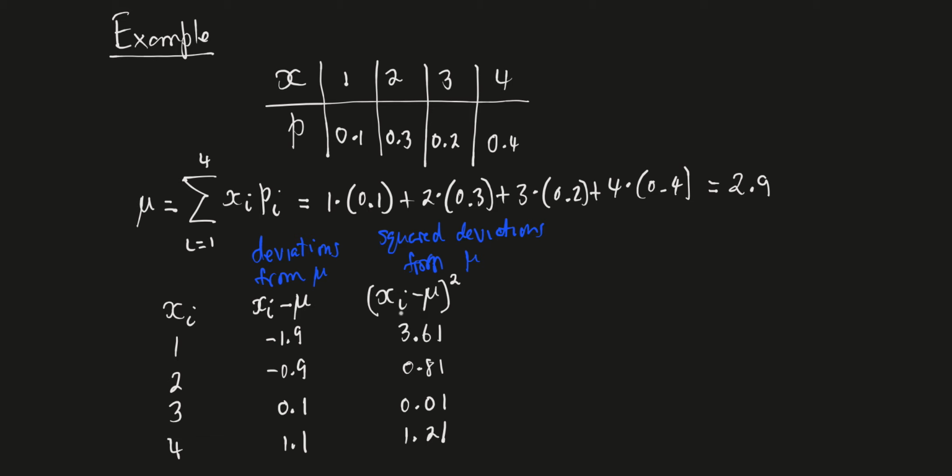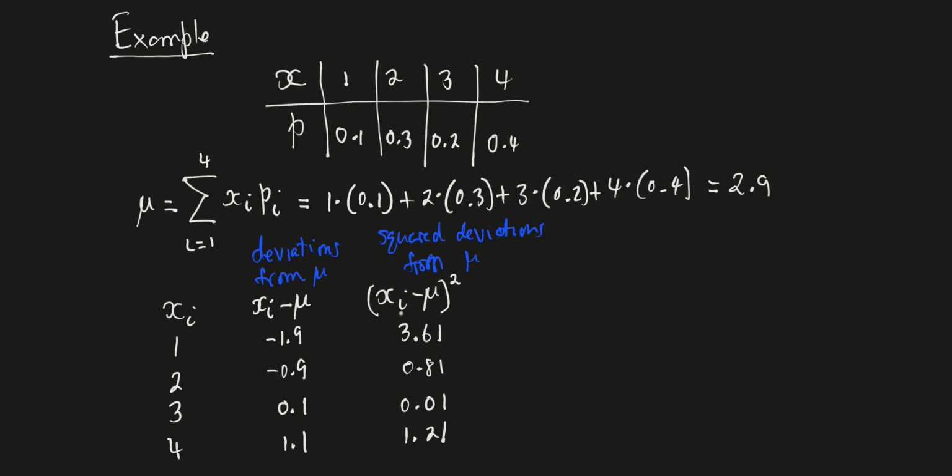All right, so those are the squared deviations. The next step is I have to take each squared deviation, so each xi minus mu squared, and multiply it by the corresponding probability. So we're going to take the 3.61 and multiply it by the 0.1.